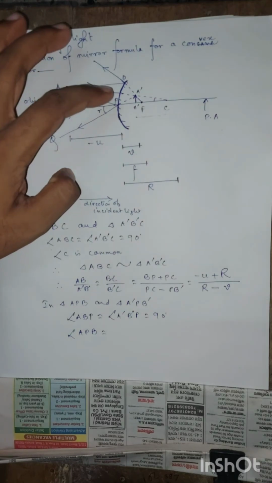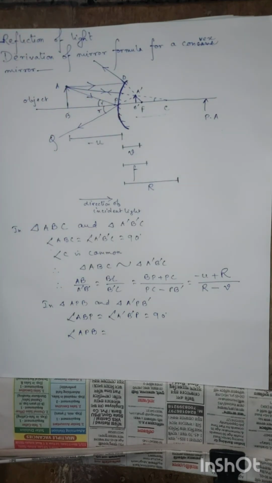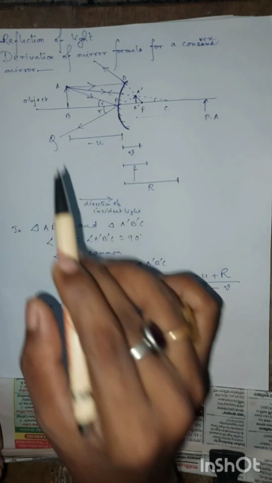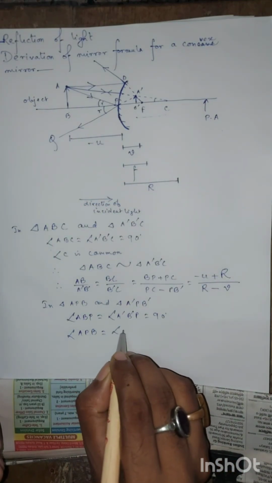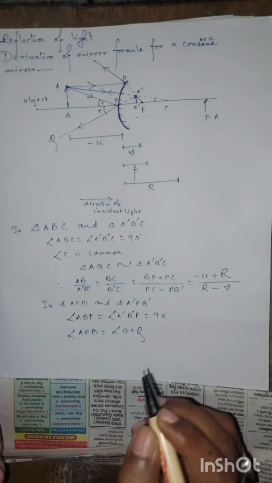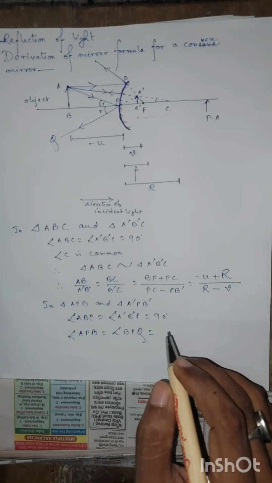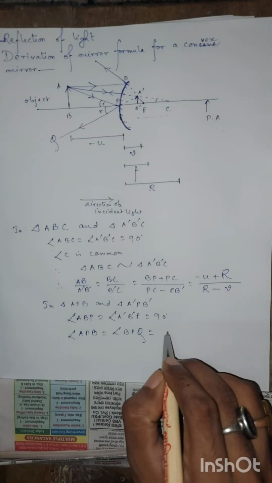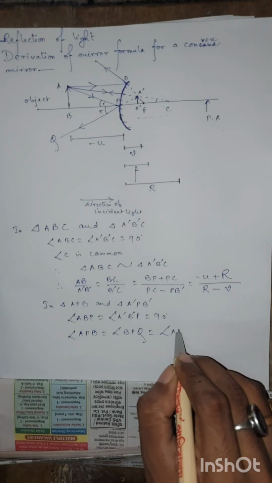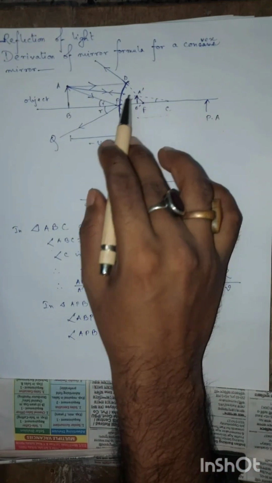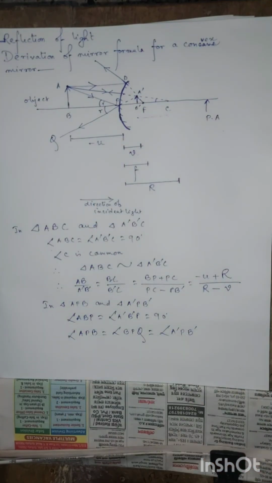angle APB is equal to angle BPQ is equal to angle A dashed PB dashed. Why?